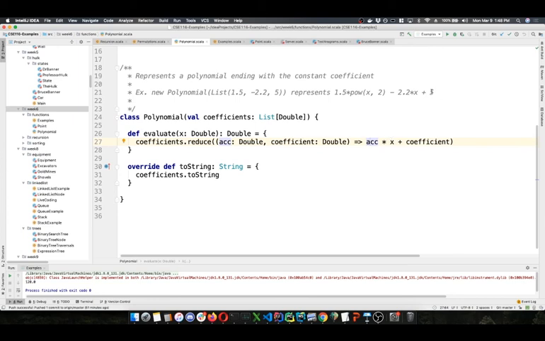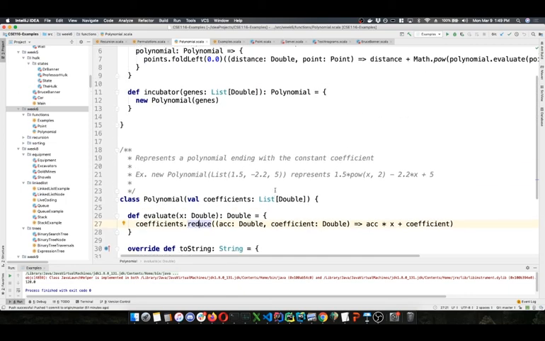Then the next iteration, I'm considering 5. I take 1.5 times x minus 2.2, multiply that by x, and then add 5 to the end of that to get my total evaluation for that value of x. So I can evaluate a polynomial with reduce by tracking how it's going to be called.